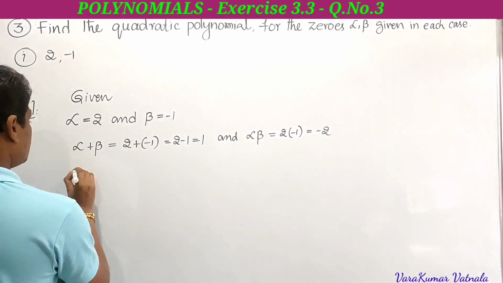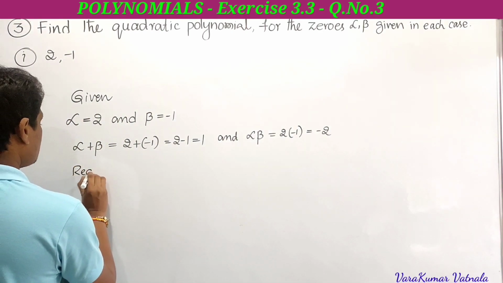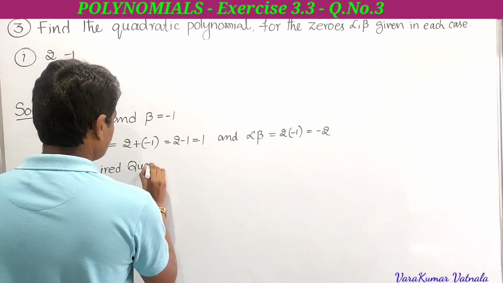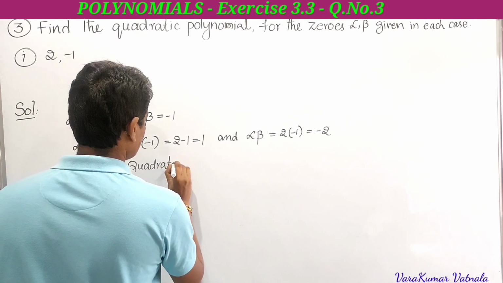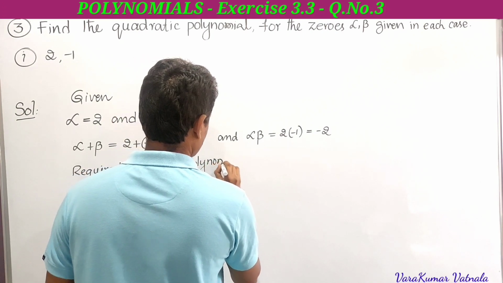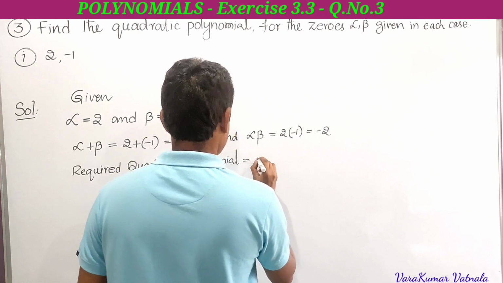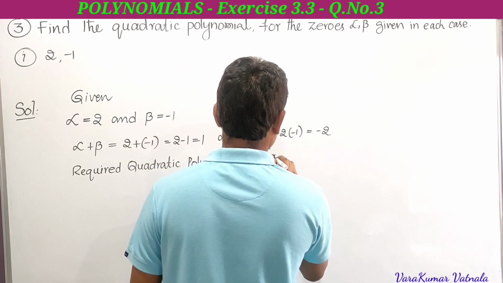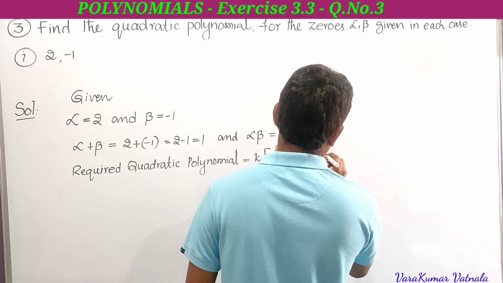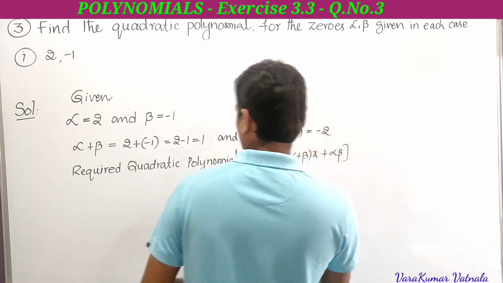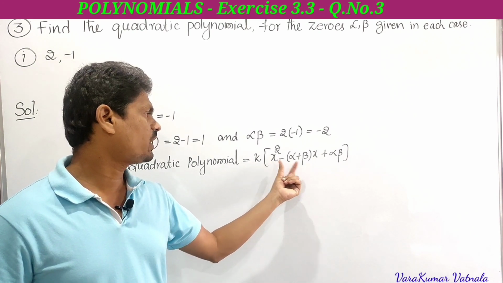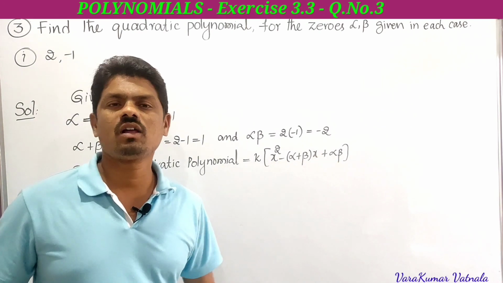Next, the required quadratic polynomial is equal to, so this is the formula: k into x square minus alpha plus beta into x plus alpha into beta.